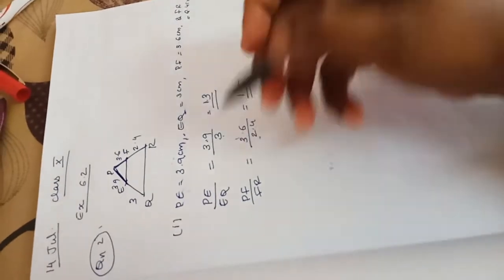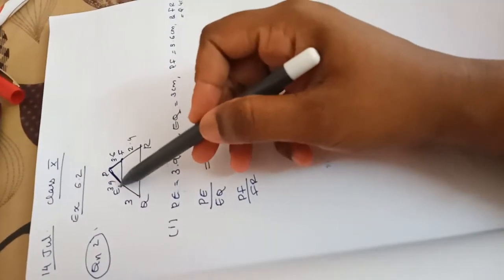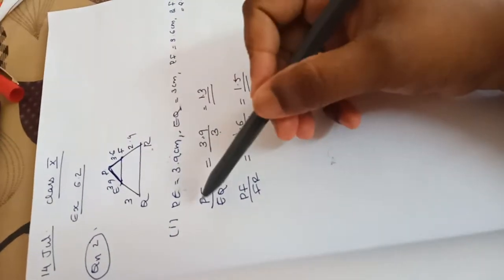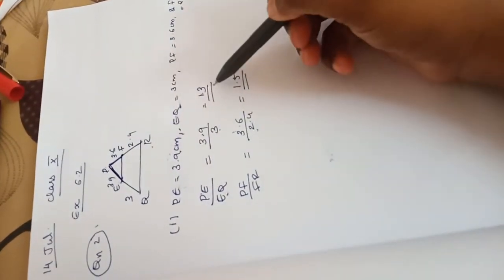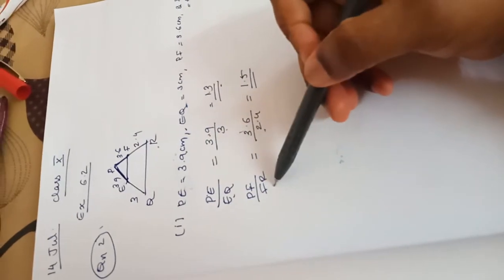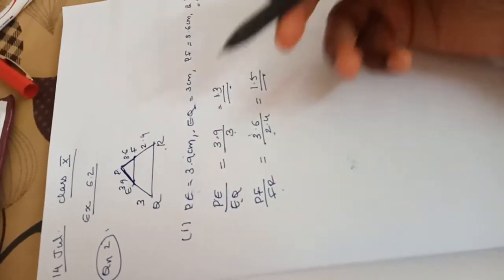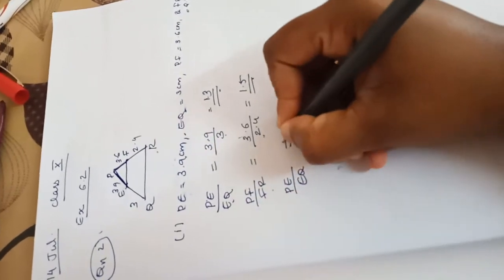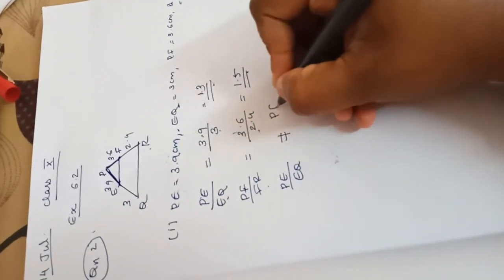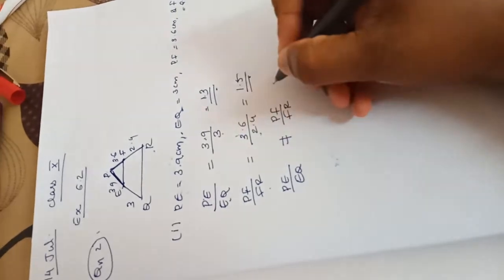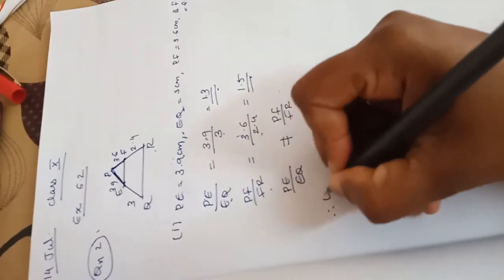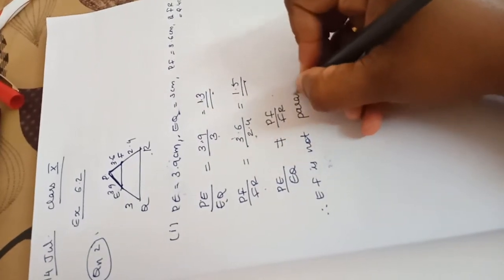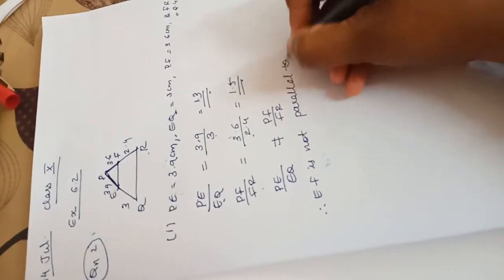So what is the basic proportional theorem? PE divided by EQ should be equal to PF divided by FR, correct? But here PE divided by EQ is 1.3, and PF divided by FR is 1.5. So PE divided by EQ is not equal to PF divided by FR, therefore EF is not parallel to QR.